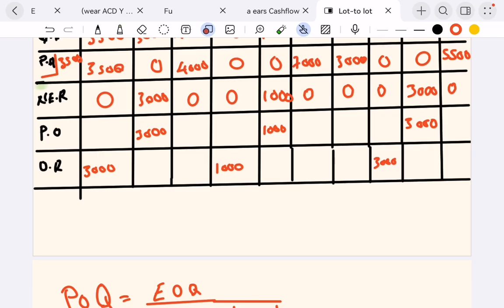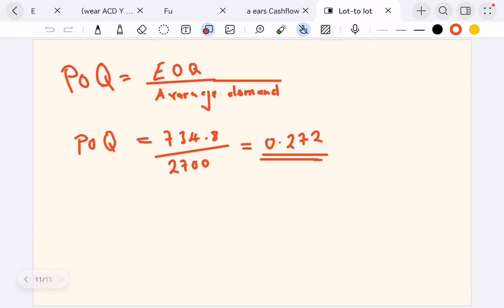So we can find the holding cost. What is the formula for the holding cost? Projected times the holding cost.